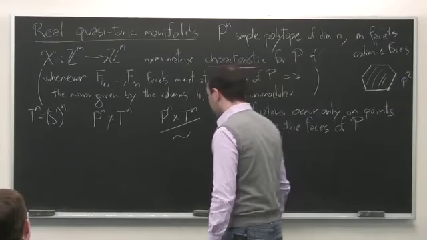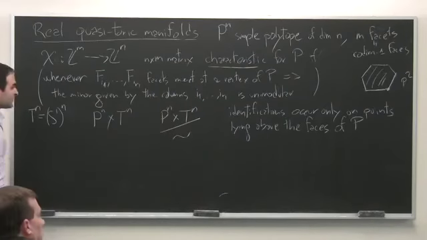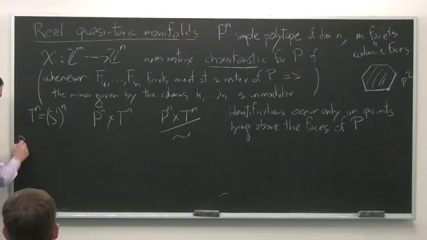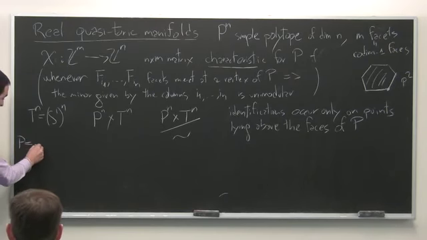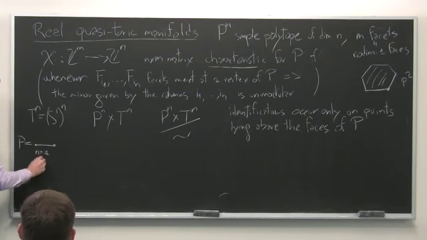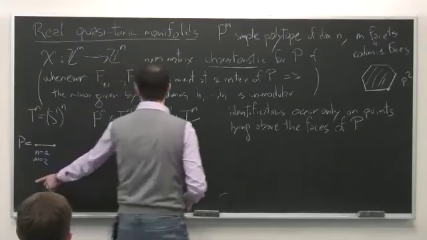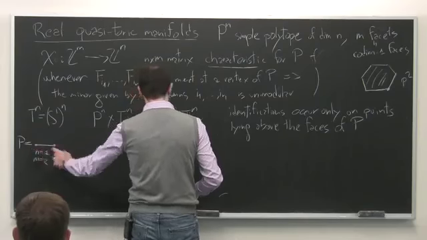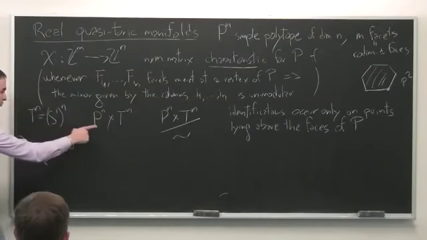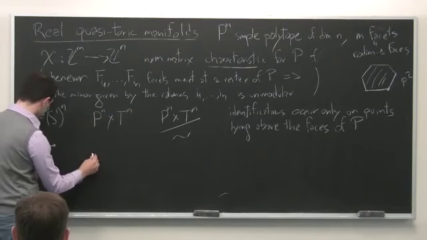So let me maybe draw a couple of easy examples. The first example is maybe the sphere. So let's take P to be just the interval. This is more or less the only one-dimensional polytope. So n is 1 and m is 2. M is the number of facets. So 2 vertices are the 2 facets. What do we do? So we cross it with T1, which is just a circle.